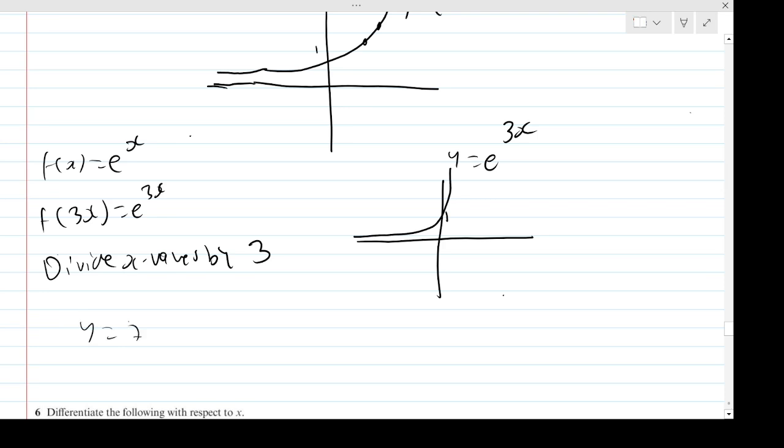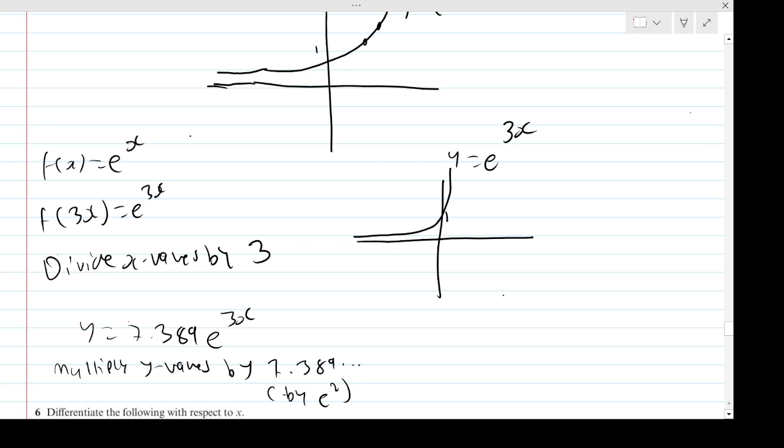At the end of the day, it's just roughly a multiple of 7, right? So we're going to multiply the y values by 7.389, or technically by e squared, because e squared is actually the full answer here. But I'm just writing down the decimal to help you visualize what's going on.